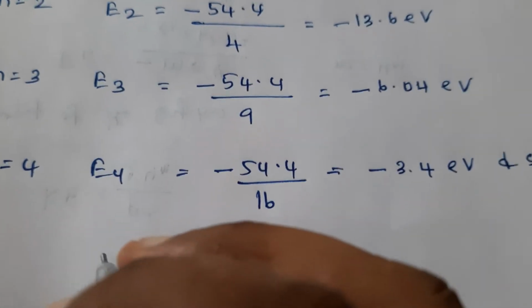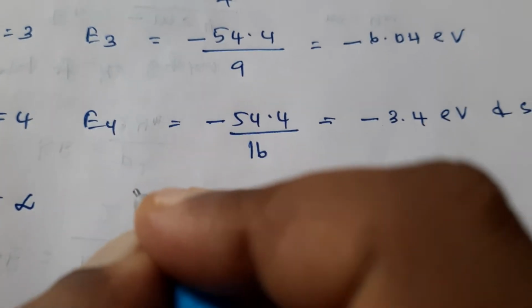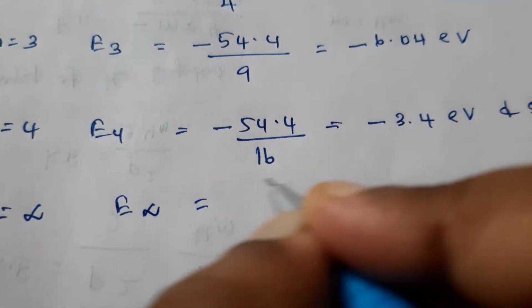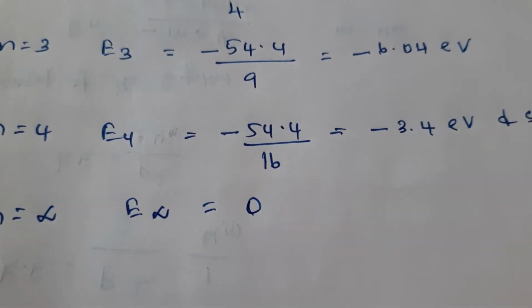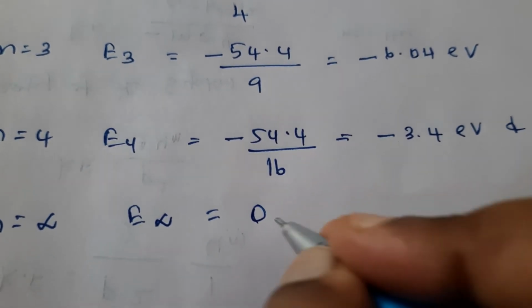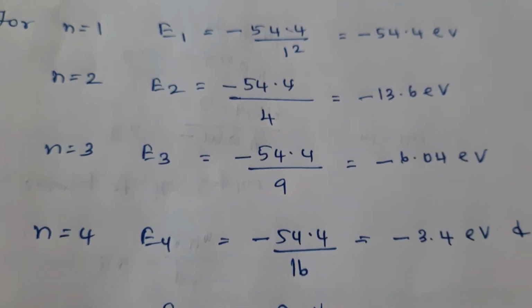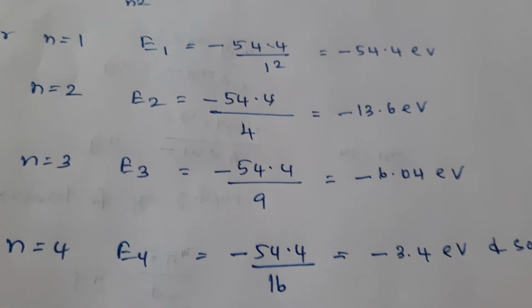Suppose n is equal to infinity, then E infinity is 0, since anything divided by infinity is 0 electron volt.